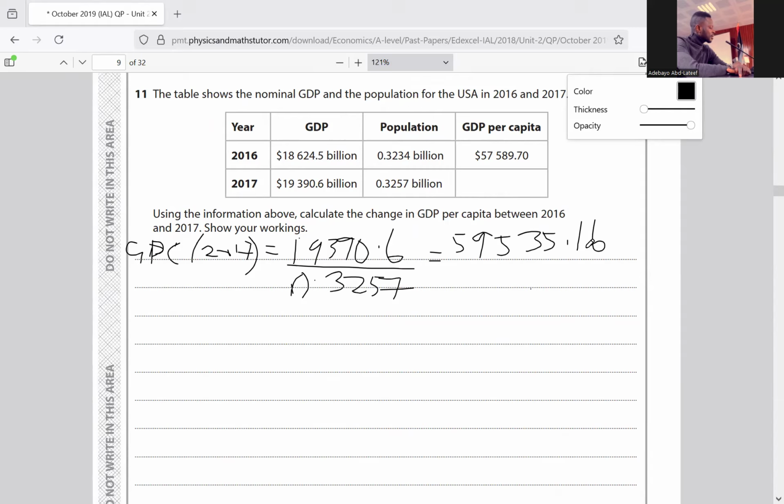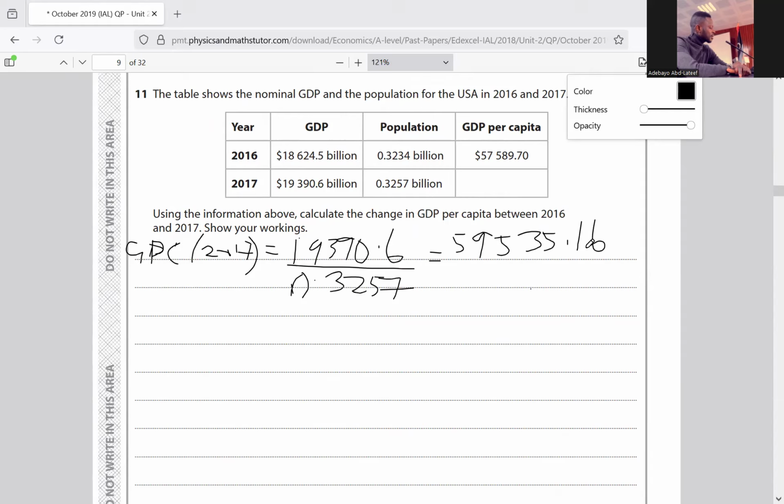Then we need to find the change in GDP per capita. So the change in GDP per capita will be GDP per capita of 2017 minus GDP per capita of 2016, divided by GDP per capita of 2016, multiplied by 100.